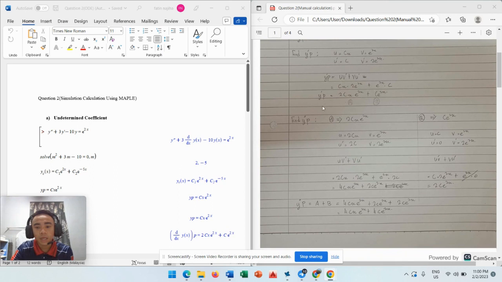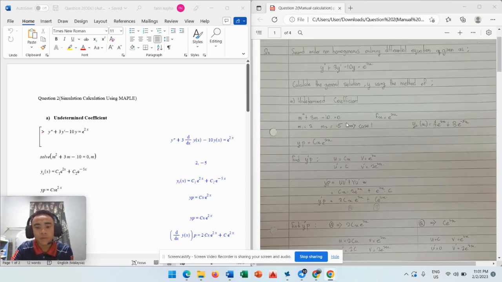And then we get Y prime P is 2cx exponent to x plus c exponent to x, and the answer for the y double prime p is 4cx exponent to x plus 4c exponent to x. So it is the y double prime p.